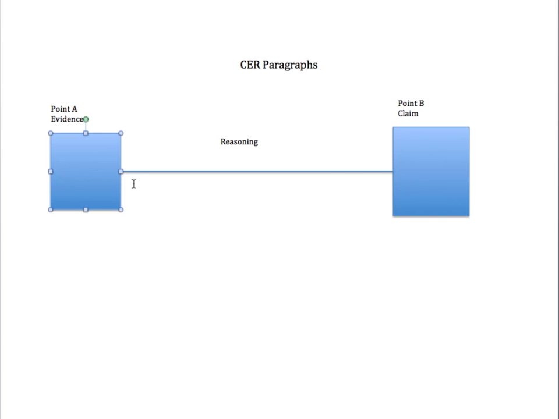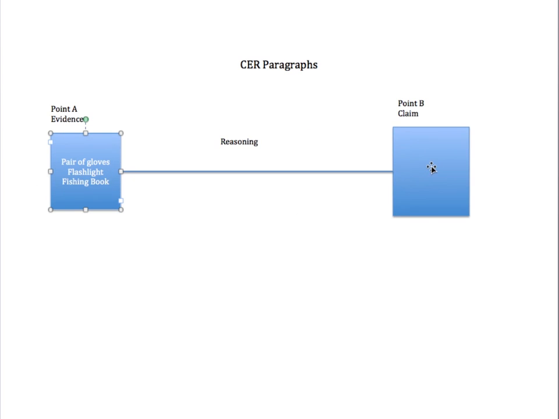Okay. So now I'm going to show you how to do this within your writing. So we're going to use the missing person activity for our first example. Okay, so in the missing person activity, one of the bags included a pair of gloves, a flashlight, and a fishing book. Those were 3 of the items in that bag.